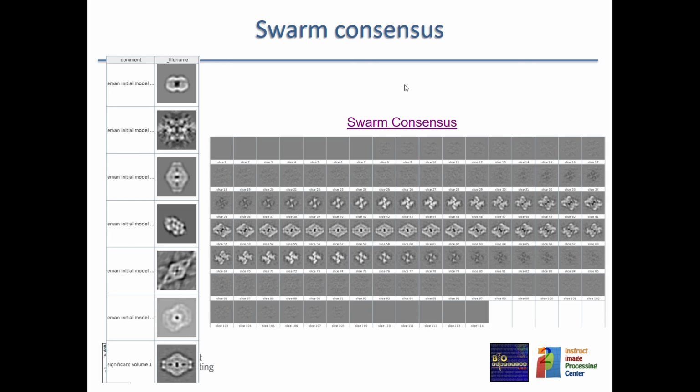So this is the main idea behind the swarm consensus. You start with many different candidates, and you locally refine these candidates, but you also see information from the other candidates, and at the end they all converge to something.